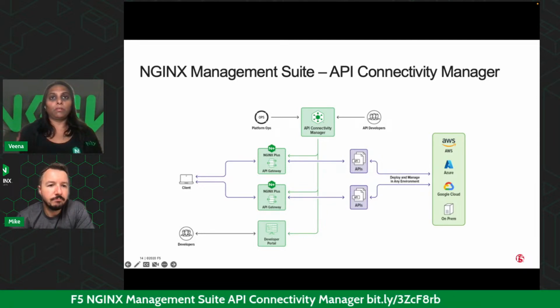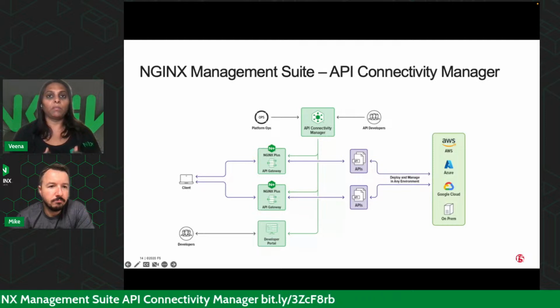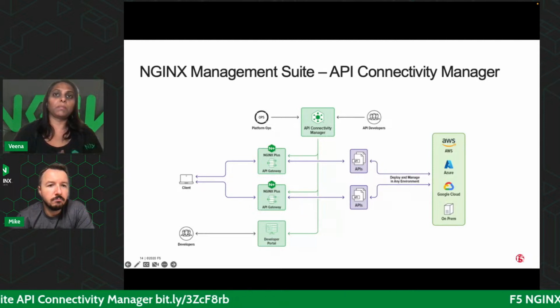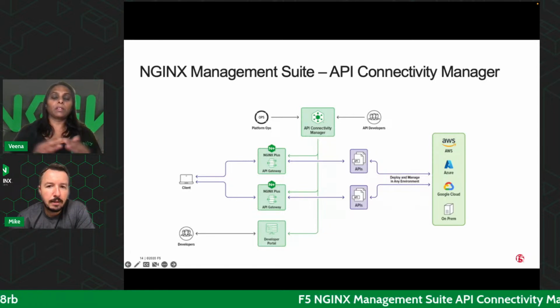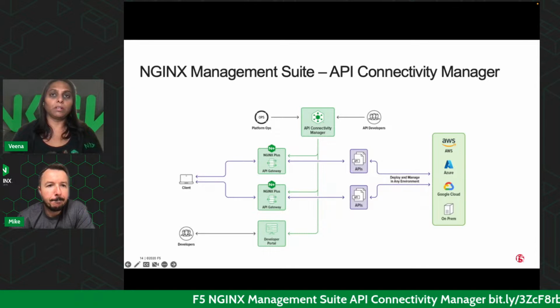And security teams may decide they want mTLS, and they can set up mutual TLS end to end. And so that's at the infrastructure or at the global level, right?